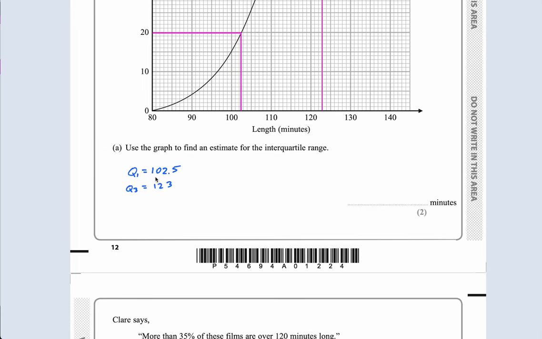Therefore, the interquartile range is this minus this. So 123 minus 102.5 gives me 20.5. So the interquartile range is 20.5 minutes.